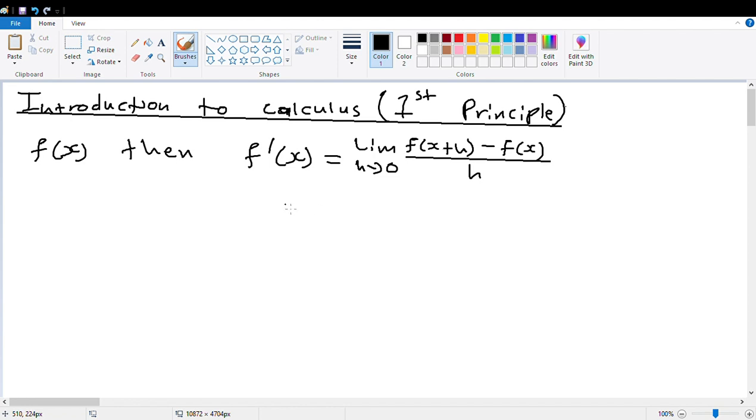Other books, instead of this h, use delta x, so don't be confused whenever you get to see that.